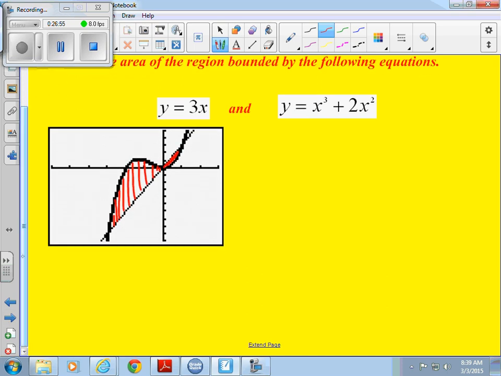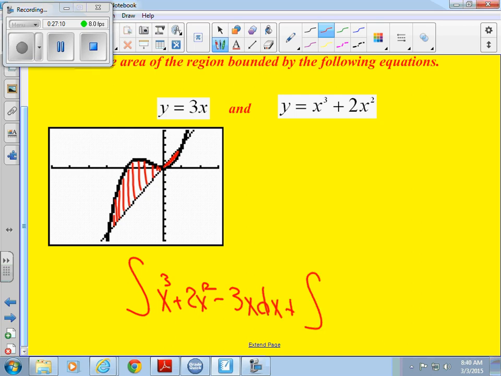So I need the integral of, this one is the cubic, x cubed plus 2x squared minus 3x, plus the integral from here to here of 3x minus x cubed plus 2x squared dx.